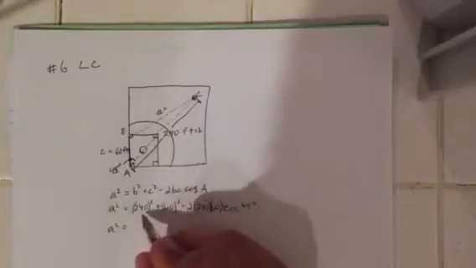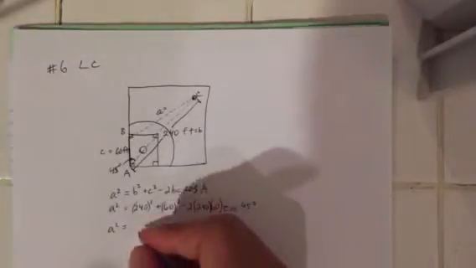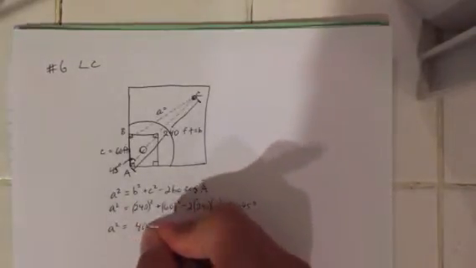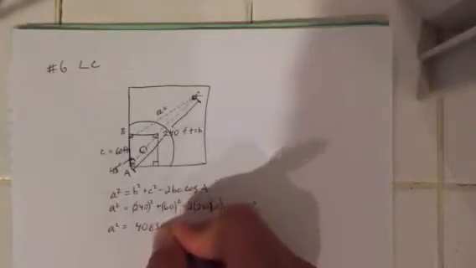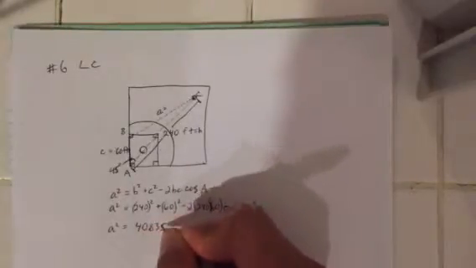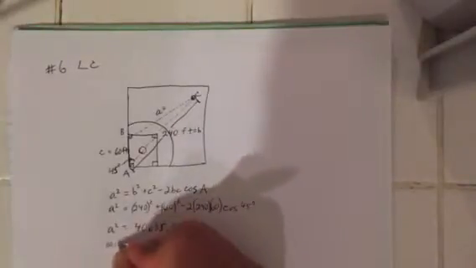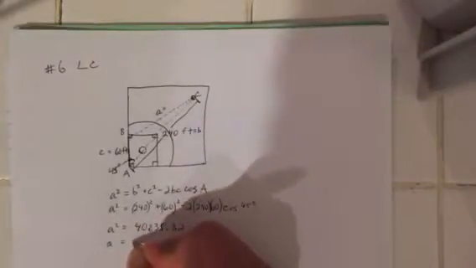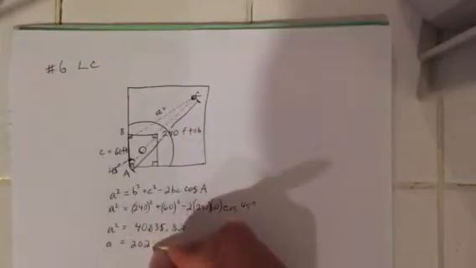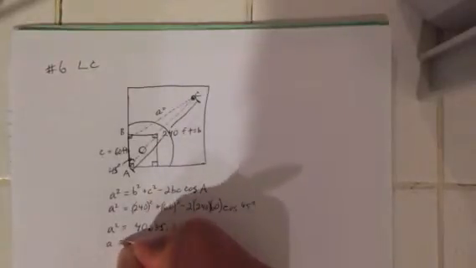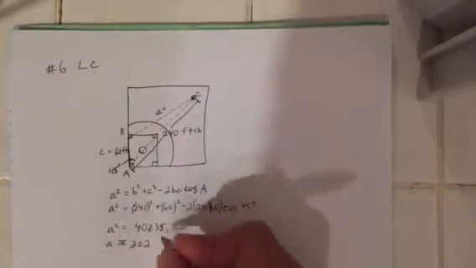And when I calculate these out, I'm gonna get 835.32. And then I'm gonna take the square root of both sides, so I'm gonna get about 202 feet.